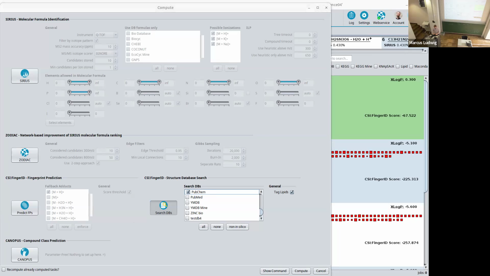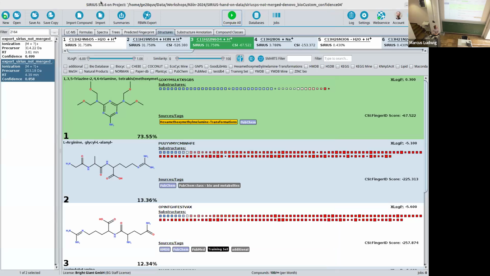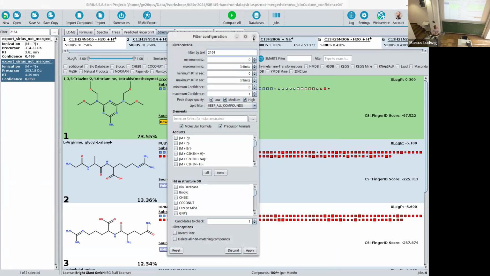Okay. Ah, yeah, the lipid thing we wanted to talk about. As a final thing, I talked about lipids. In principle, CSI:FingerID is not good for annotating lipids because these are long chains that, first of all, you usually don't find in the structure database.